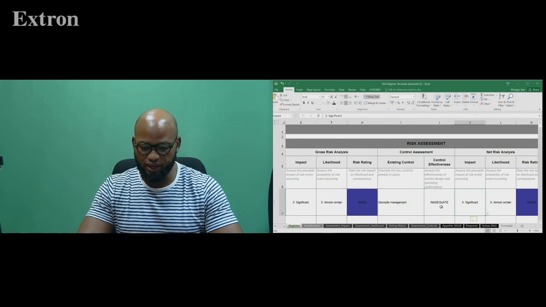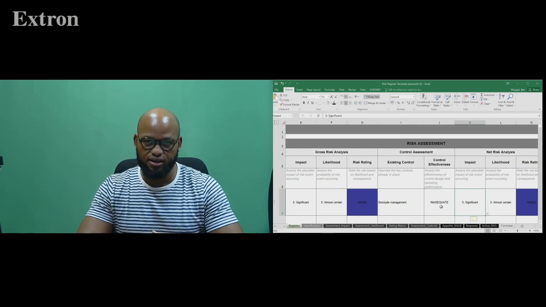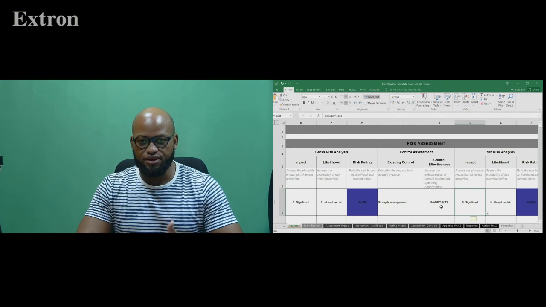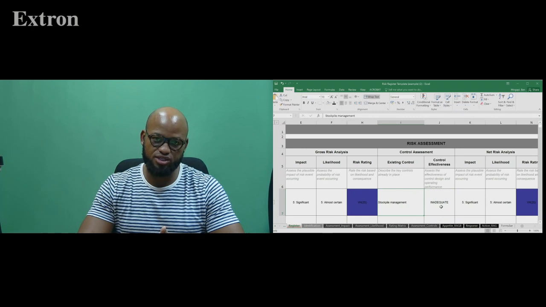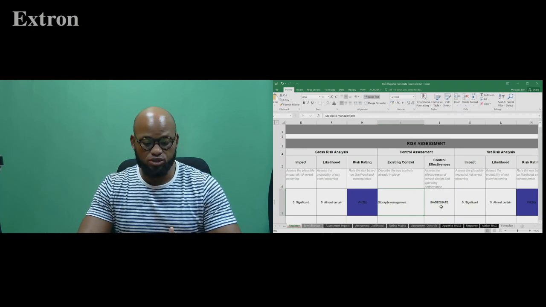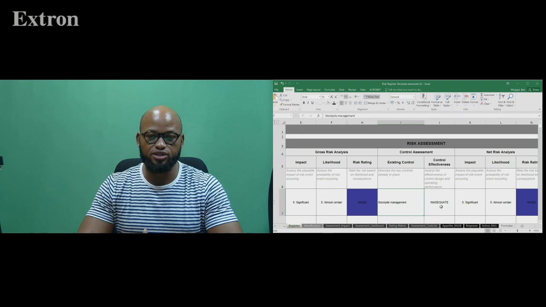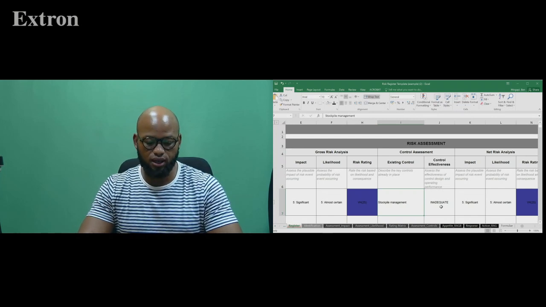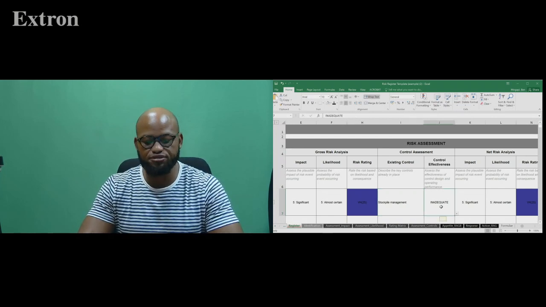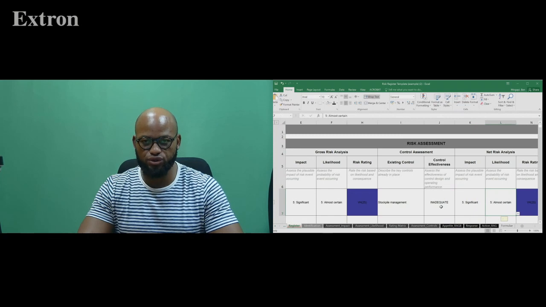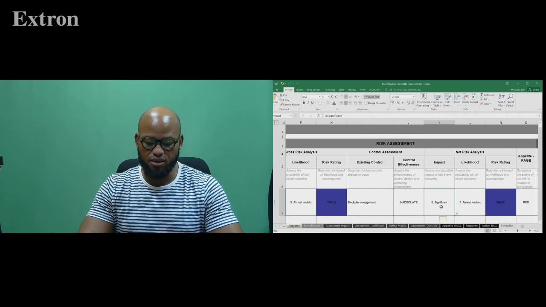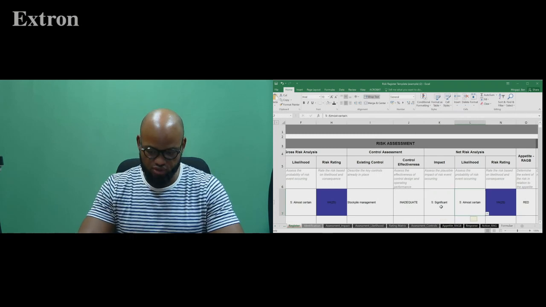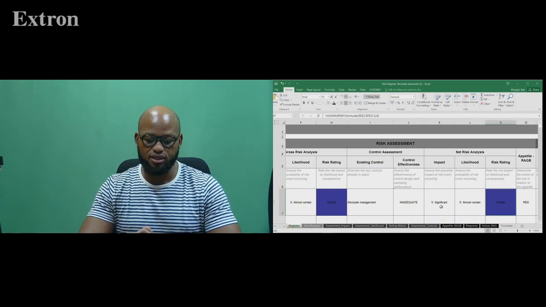In other words, the impact will still be high from a financial perspective, because this control is not addressing the risk adequately enough, and the likelihood is also going to stay the same. Sometimes, depending on the control, it may reduce the impact or it may reduce the likelihood. So the risk rating on a net basis stays the same.